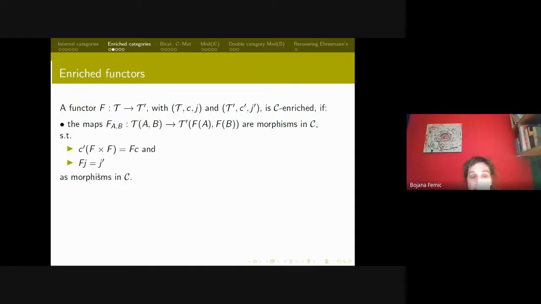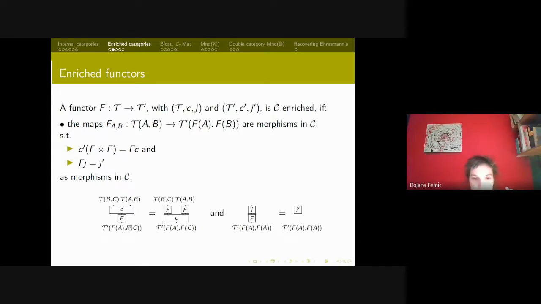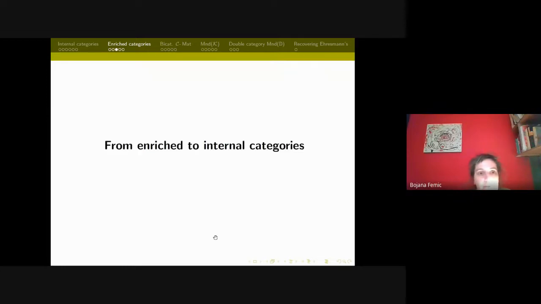These compatibilities or equalities hold as morphisms in C. I will use diagrammatic equations later on, so I just translate these two axioms into diagrams. They're not string diagrams, but with these boxes. In the box, I write the name of the morphism. Here C, here F, and so on. And the objects are these tau, of course, for the composition.